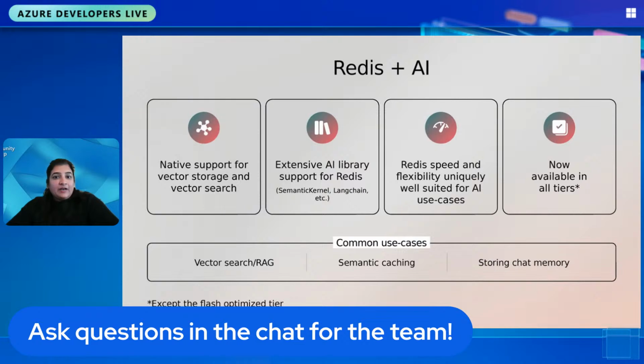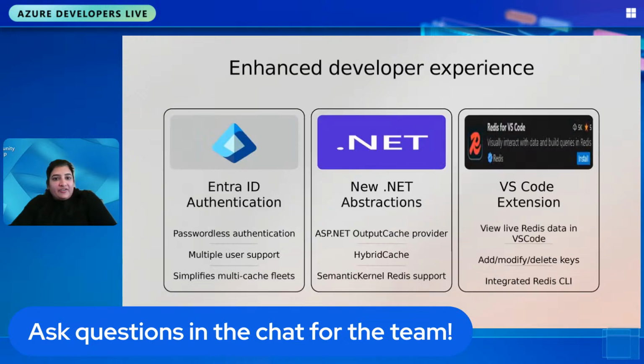You can also use Redis for semantic caching, which helps improve the latency of your intelligent apps, and it can also store chat memories. So in addition to your traditional caching scenarios, Redis also adds a great caching layer for your intelligent apps and helps with cost management of your intelligent apps as well. All of these capabilities are available in all tiers of Azure Managed Redis.